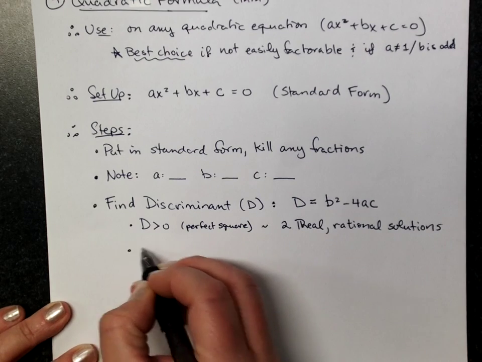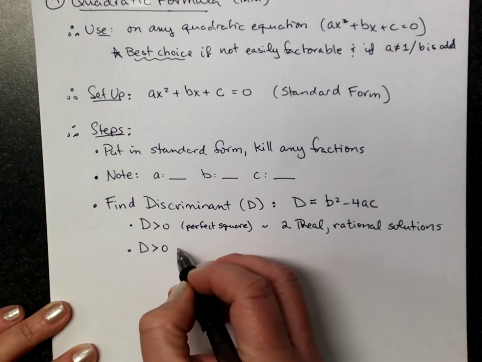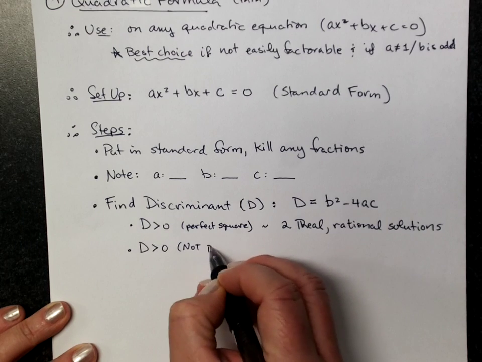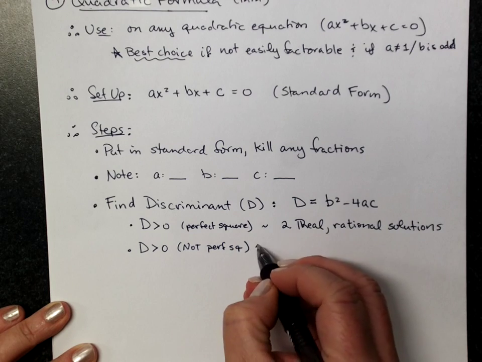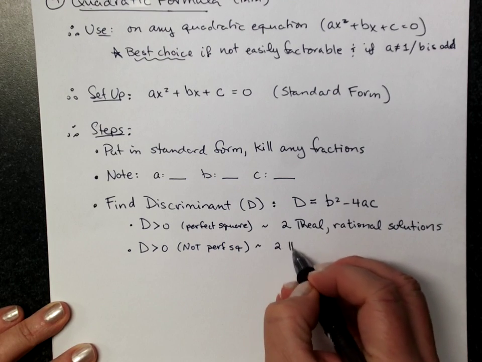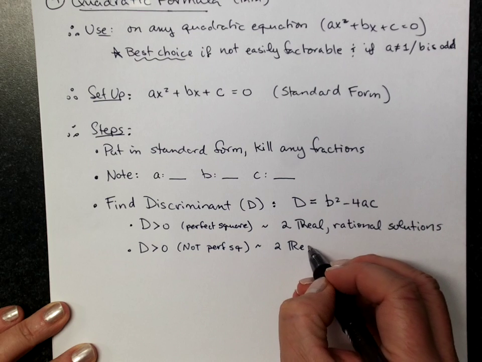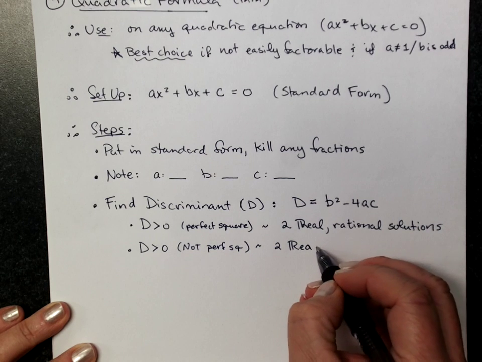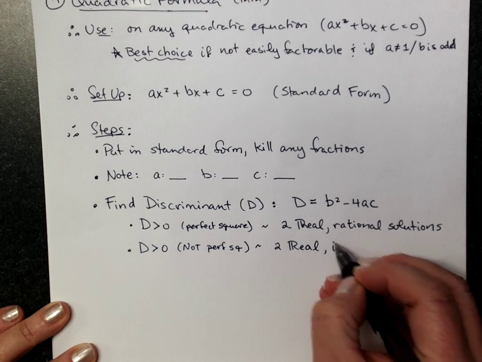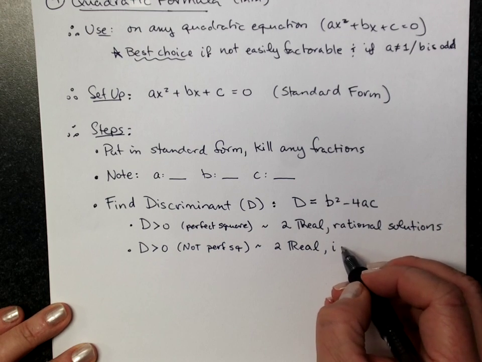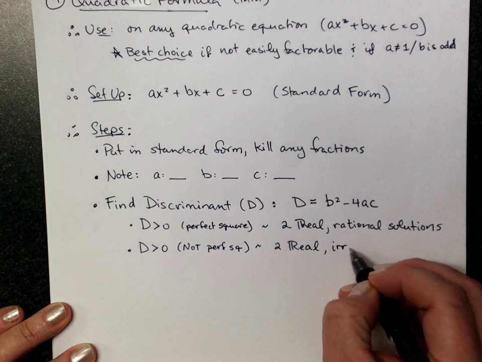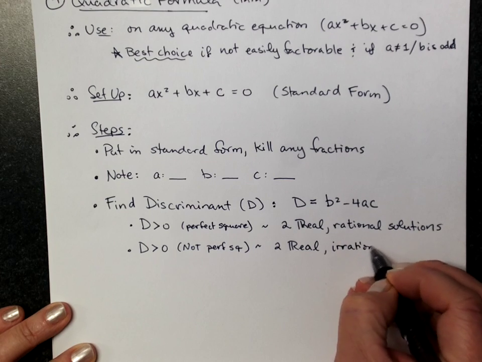Now, if you have a positive D, but it's not a perfect square, you're still going to have 2 solutions and they're still going to be real because it's a positive D. But you'll still have a leftover radical sign because if it's not a perfect square, you'll have leftover bits. So these will be 2 real irrational solutions.